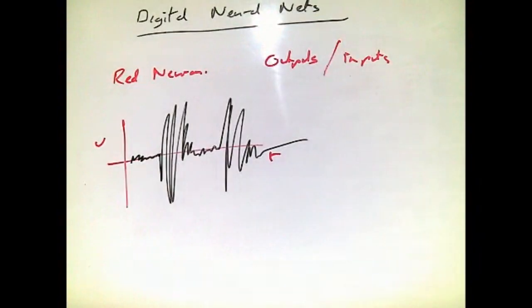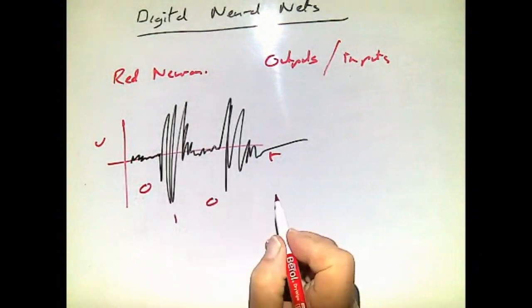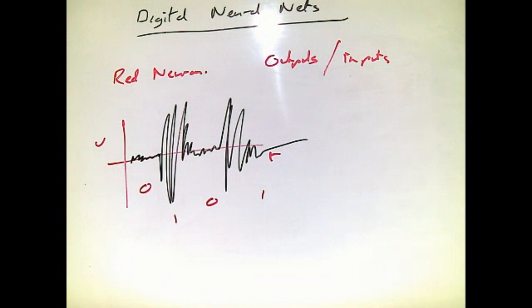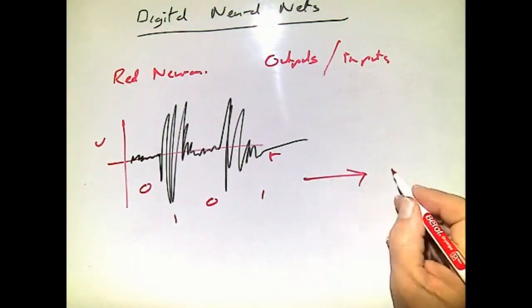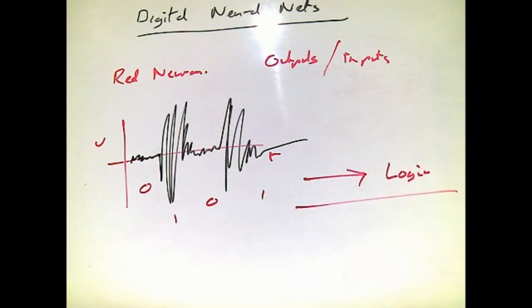And so we can code that as a 0, a 1, a 0, and a 1. So we can implement that model with a logic function, combinational. So there's a link with the natural system to get our logic function from natural neurons.